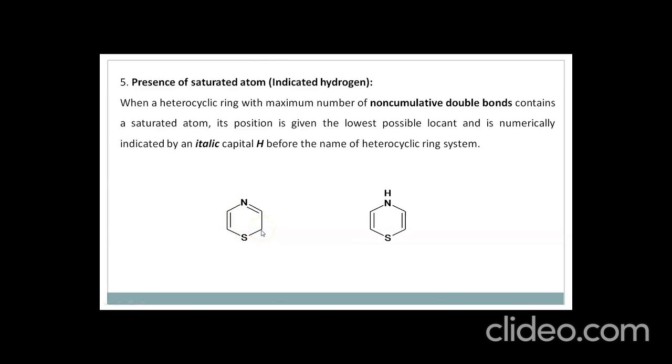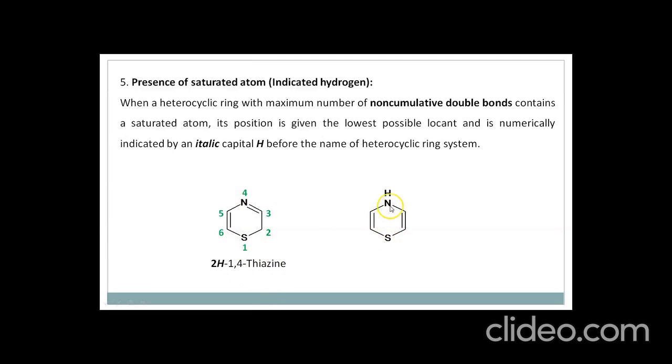Here is the CH2. So you have to give the second position to this carbon. So first, second, third, 4, 5, 6. So at the second position the hydrogen is present, so you have to write it in italic and give the number. So it is 2H-1,4-thiazine.